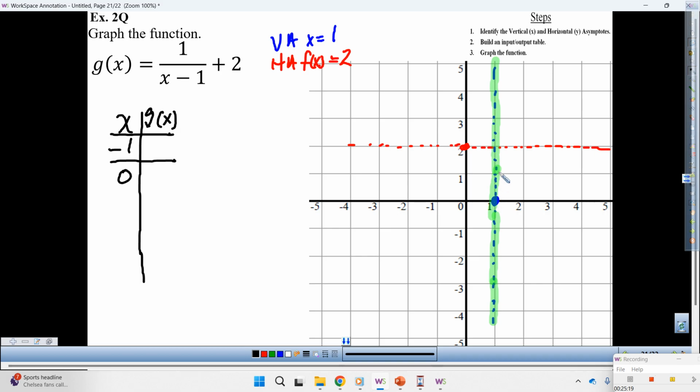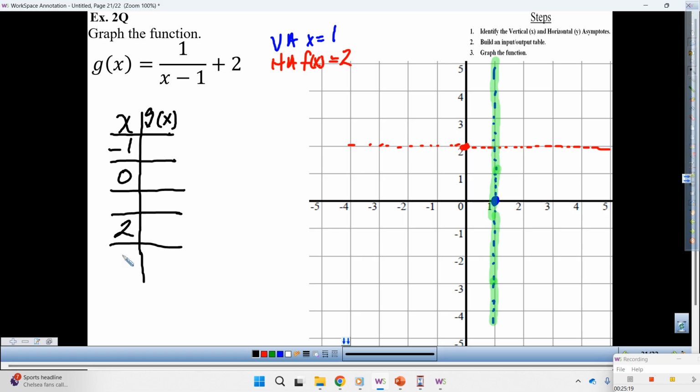And what two numbers to the right of the invisible line? We're looking at the x values. What two numbers to the right of that line do you see immediately? Yeah, 2 and 3. Okay.